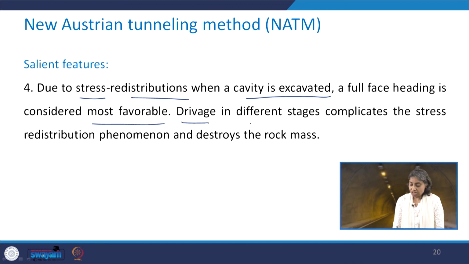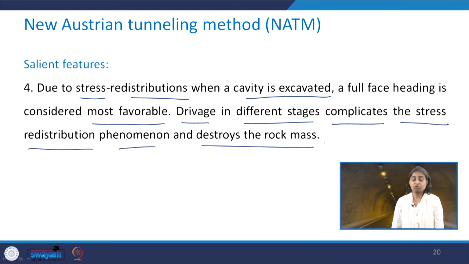Then drivage in different stages complicates the stress redistribution phenomena and destroys the rock mass. But this cannot be done in all types of rock mass. What this means is that if you go for full face heading excavation, that means the excavation is done in one go, not in different stages, the stress redistribution process is not that complex.